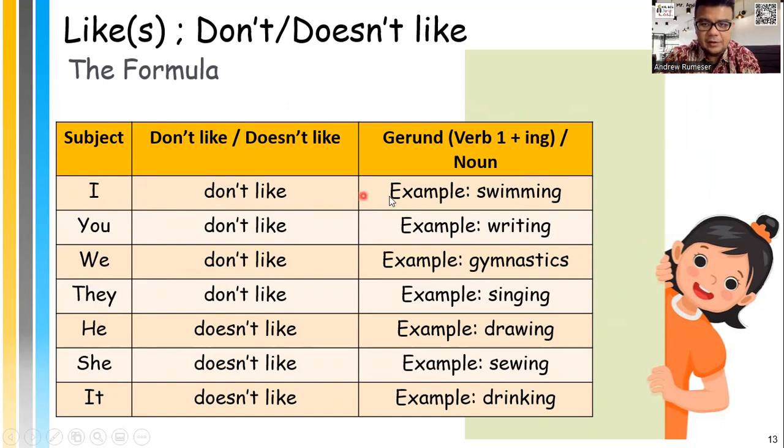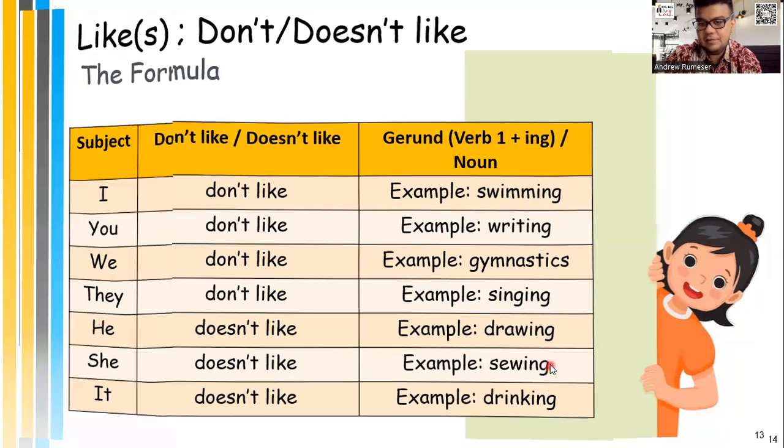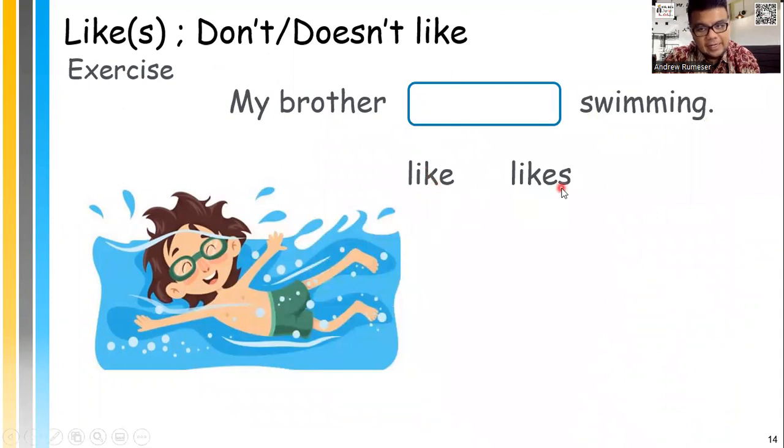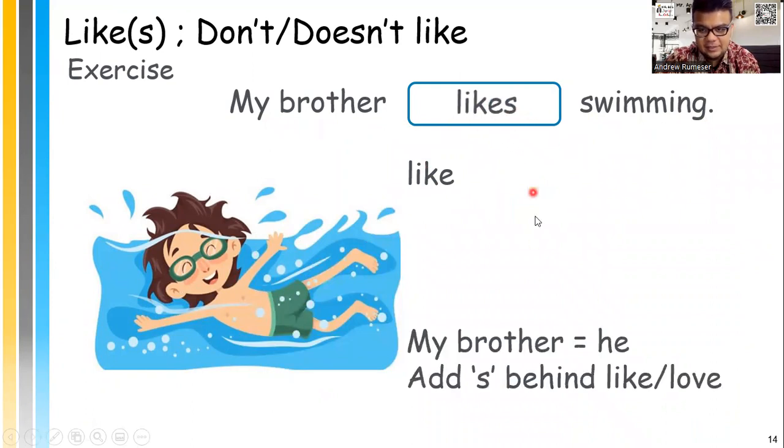Same thing. I don't like swimming. They don't like singing. She doesn't like sewing. Oh, so good. All right, so this one, my brother like or likes swimming. Remember, look at the subject. Yes, it's a he, right? So we add S behind like or love because the subject is he. My brother is a boy, right?